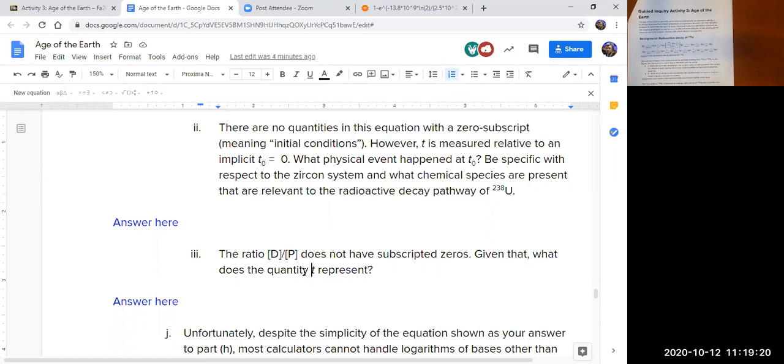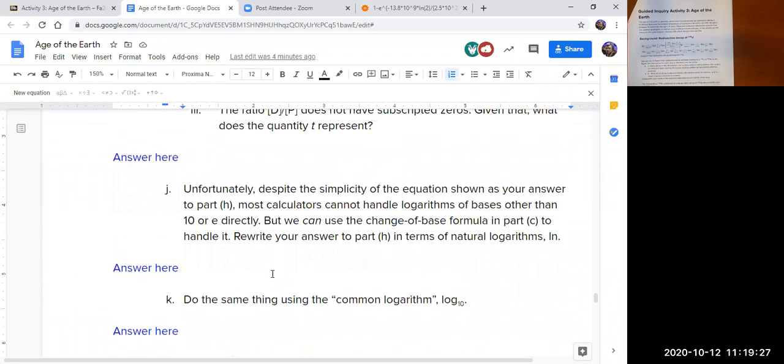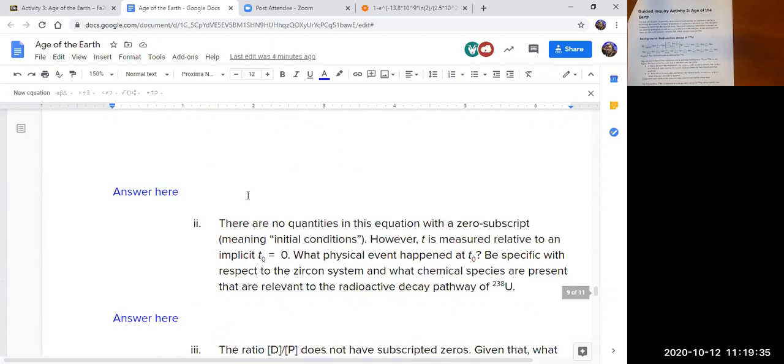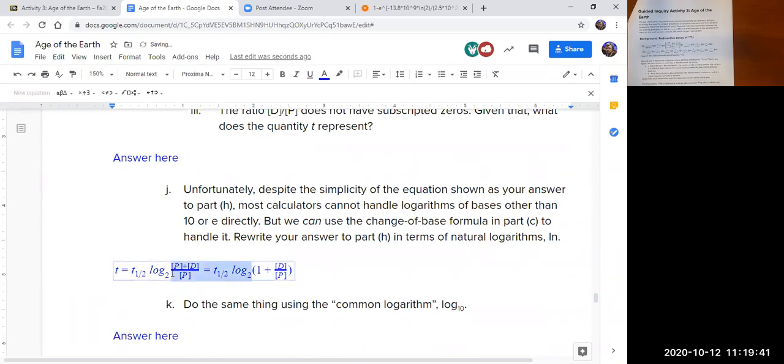Okay, so the last part here is trying to figure out, I have this equation, which is really convenient for geochemists, but many calculators do not have a way to easily do the logarithm with base 2.